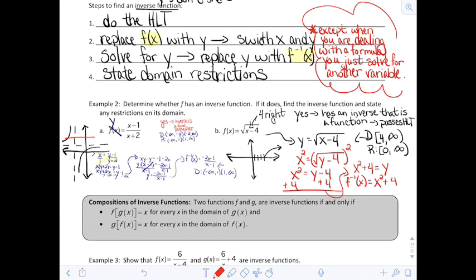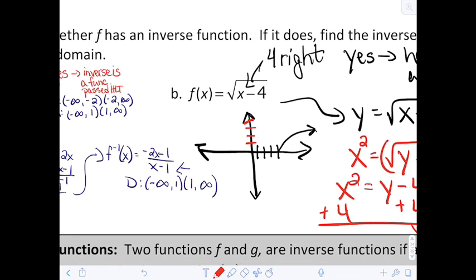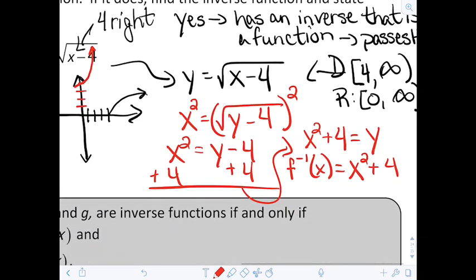So if I go over to this graph and I look at this, if the domain of the original was from 4 to infinity, then that will be the range of my inverse. So my range is going to start at 4 and go up. And if the range of my original was 0 to infinity, the domain of my inverse will be 0 to infinity.